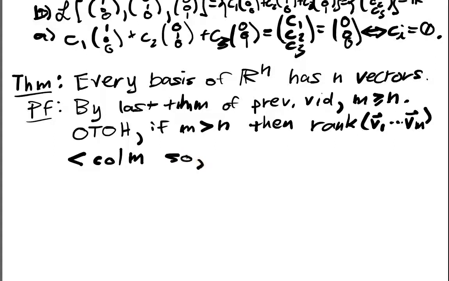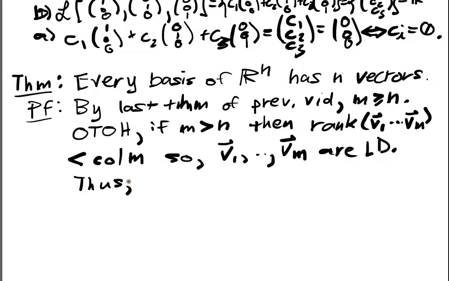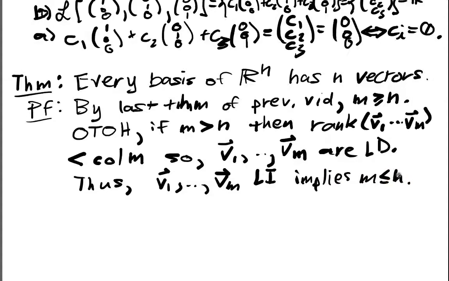So these guys have to be linearly dependent, rather. Thus, v1 up to vm linearly independent implies m is less than or equal to n. Since we have m is less than or equal to n and m is greater than or equal to n, we have m is equal to n, and we conclude the theorem.